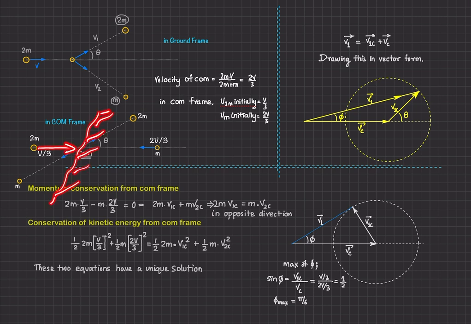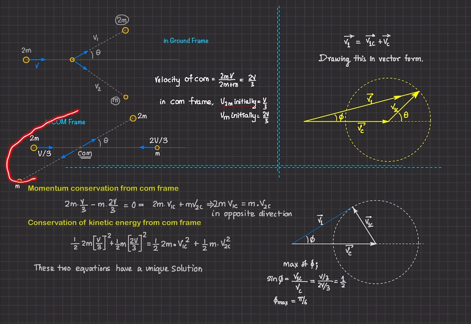This 2m will collide elastically, but after collision it will go with the same speed v by 3 but in some different direction. Similarly, the m mass will collide with 2v by 3, the speed will remain the same but it will deviate in some other direction. Here they have not mentioned whether the collision is head on or oblique, and definitely it must be oblique because there is some deviation. This deviation after collision is possible only when it is an oblique collision, right?